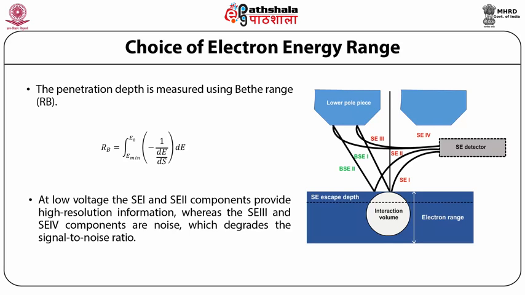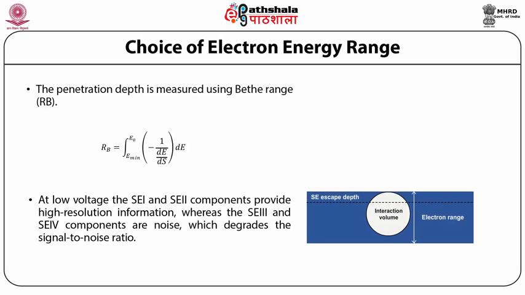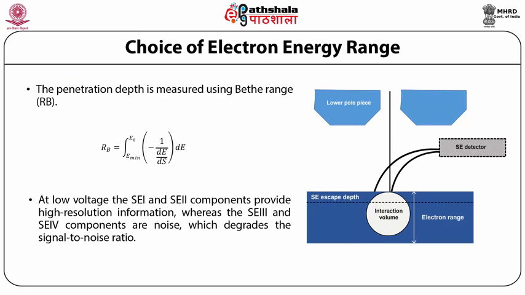At low voltages, the energy distribution of the secondary electron does not change with the incident beam energy, leading to the identical depth of information for the secondary electrons, that is 15 to 20 nanometer. However, the depth for the backscattered signal, which is 0.2 Rb, reduces to 3 to 5 nanometer due to the fall in electron range.